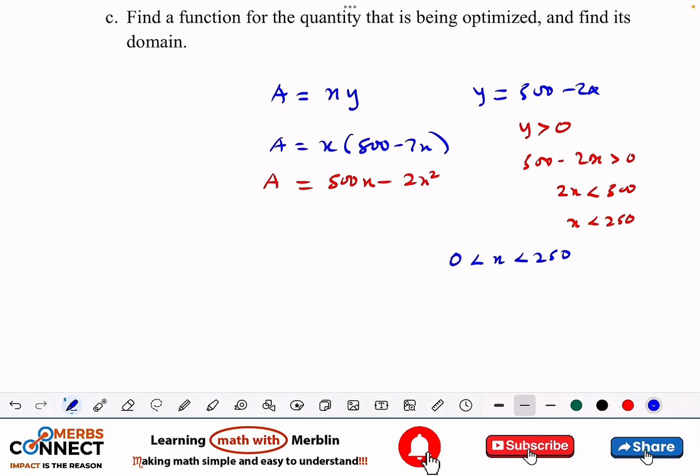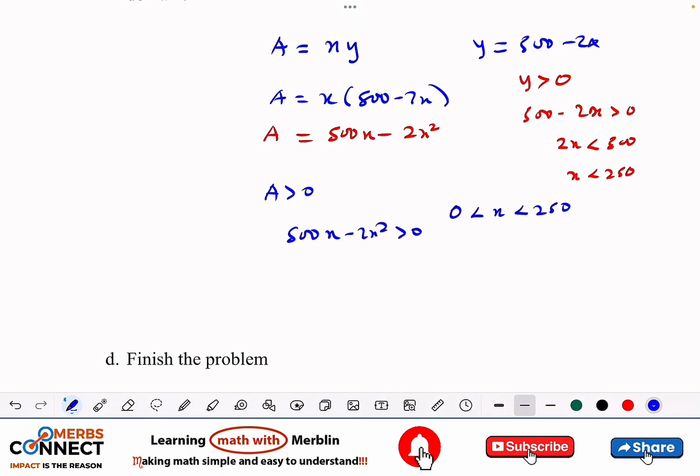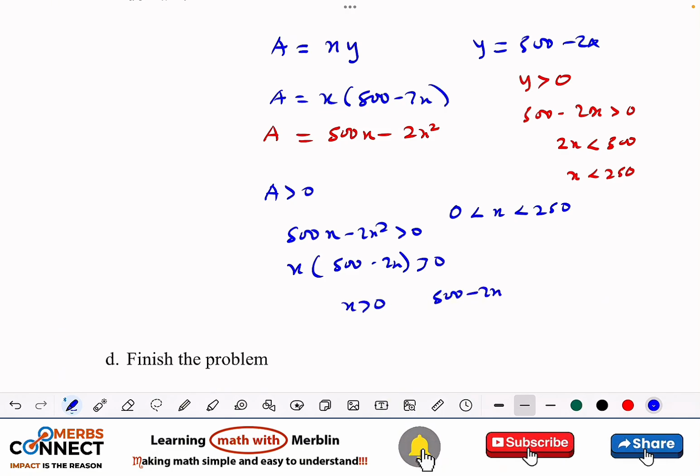What I'm doing here is basically coming from here as well. Here the area is greater than 0, so it means that 500x minus 2x squared is greater than 0, and when I factor x out, I have x times (500 minus 2x) greater than 0. x should be greater than 0, and 500 minus 2x should also be greater than 0, right?